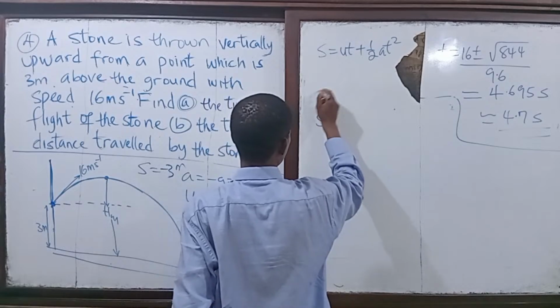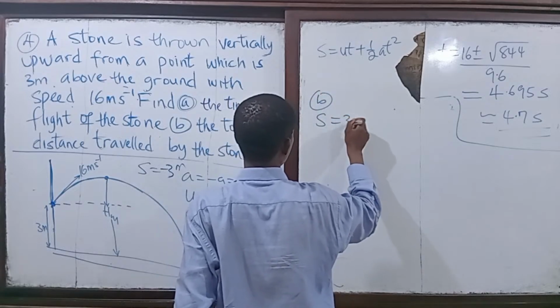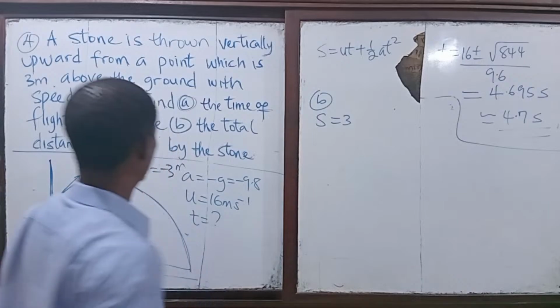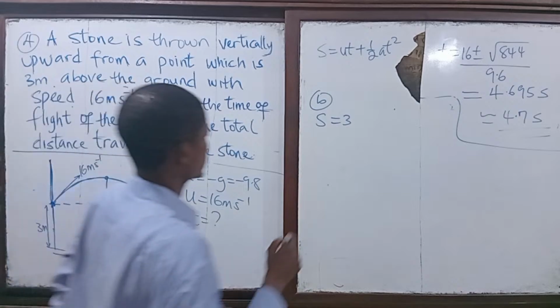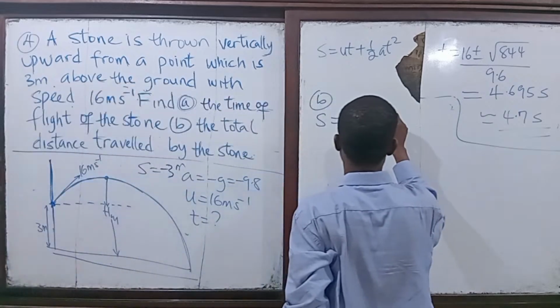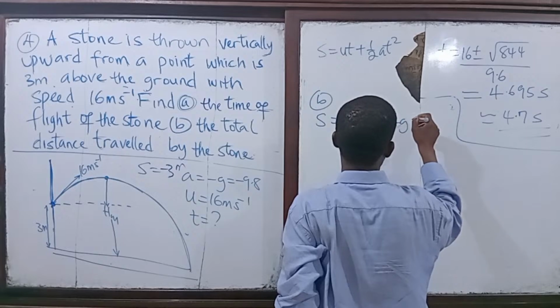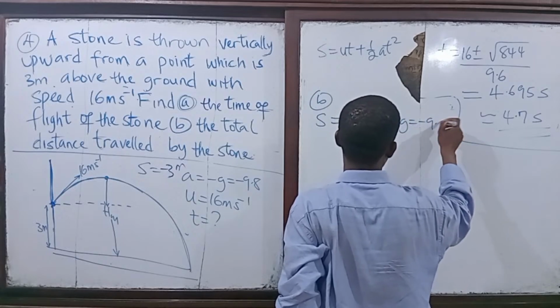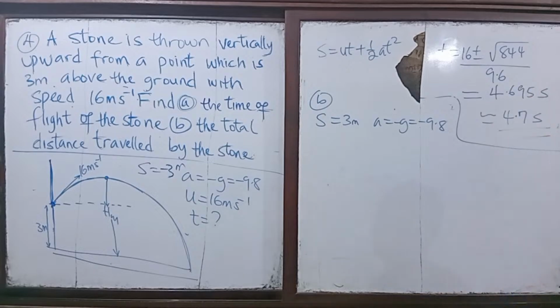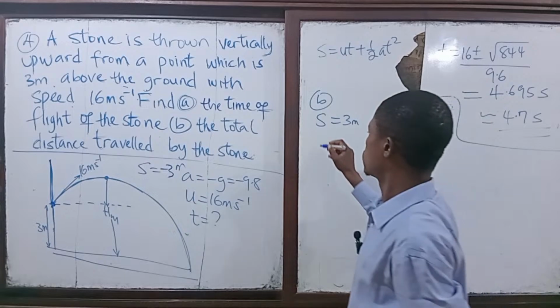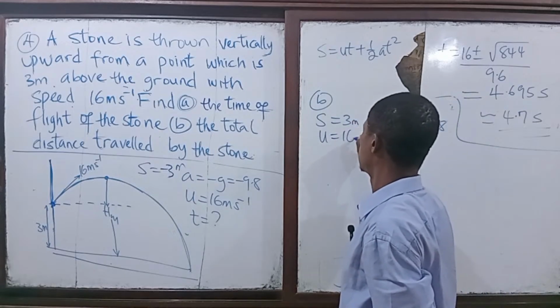The total distance traveled is 3 meter. Okay, distance is 3 meter. a is minus g, that's minus 9.8. What again do we have? We have the speed, u is 16.